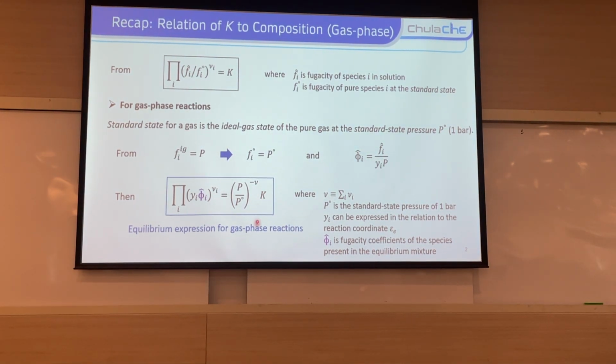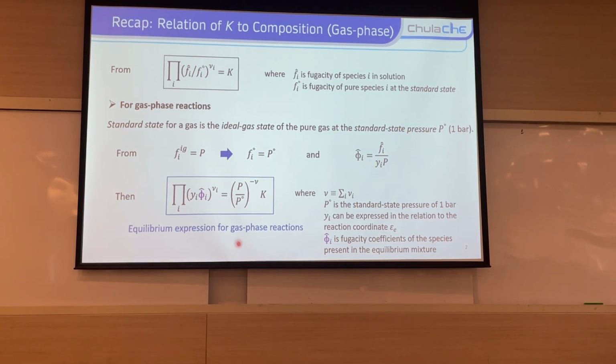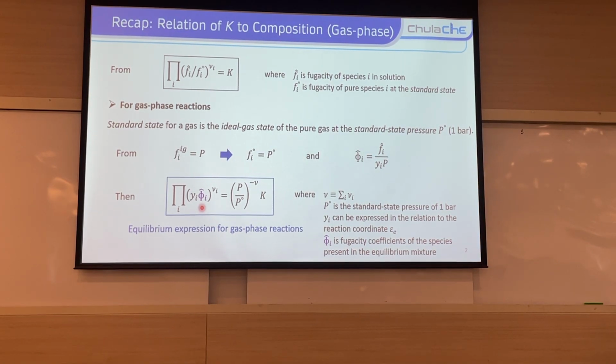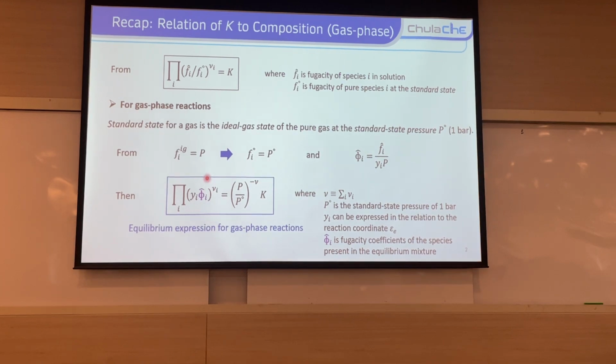This is the Kutarski of species in solution. So you can see that we have the cap on the symbol here, which means the solution in the equilibrium mixture.